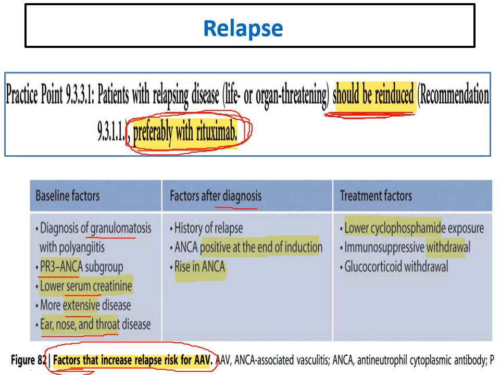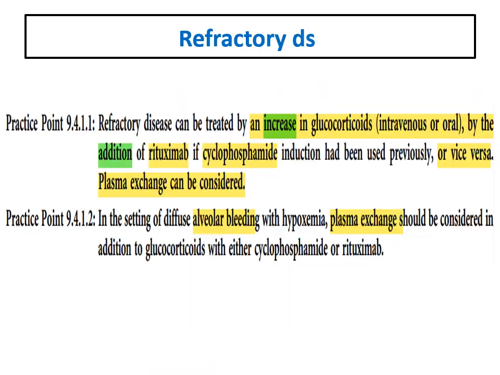Factors after diagnosis: history of a relapse before, or if the ANCA remained positive at the end of induction treatment, or if there is a rise in ANCA titer. What about treatment factors? If the cyclophosphamide exposure or cumulative dose is low, or the immunosuppressive agents were withdrawn early, or steroids were withdrawn early. All of these factors will increase the risk of relapse.